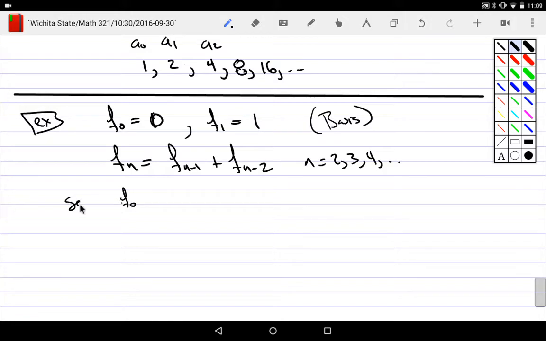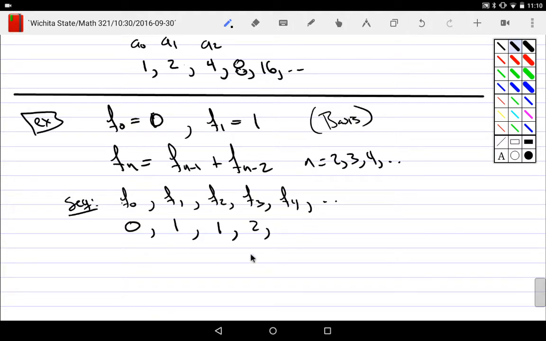Here's F0, so what's my sequence? It's going to go F0, F1, F2, F3, F4, dot, dot, dot. What is F0? 0. What's F1? 1. What's F2? Who's before 2? 1. Who's before that? 0. Okay, what's F0 plus F1? F3 is F1 plus F2, which is 2. What's F4? What's 1 plus 2? 3. What's the next guy?